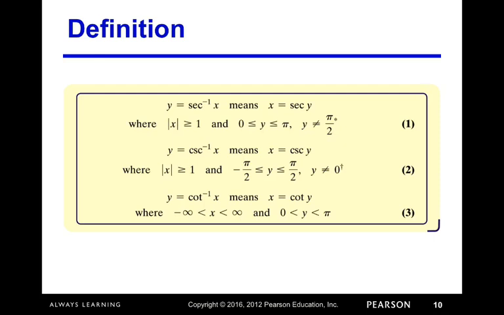For cosecant, again, the same thing. We're above 1 or below negative 1. It's the same quadrants as the sine. It matches the sine function for negative pi over 2 to pi over 2, and y can't be 0. Again, because cosecant's undefined at 0.